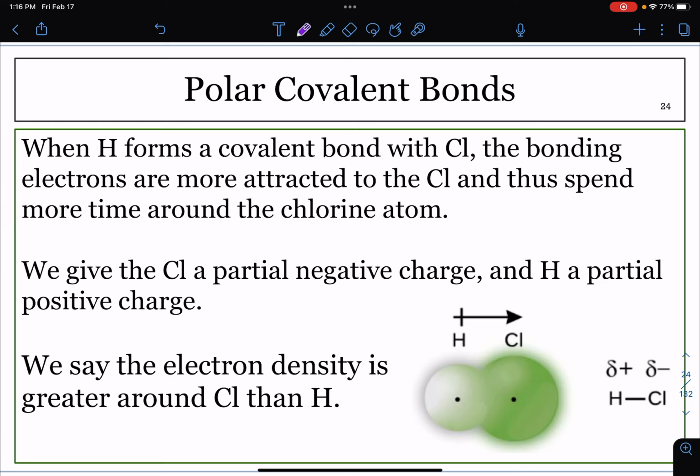This funky letter here is a lowercase delta, a Greek letter. We use it to mean partial. You can draw it by writing an S and then connecting that bottom tail of the S to the diagonal part of the S. We will write a partial negative by the chlorine and a partial positive by the hydrogen.